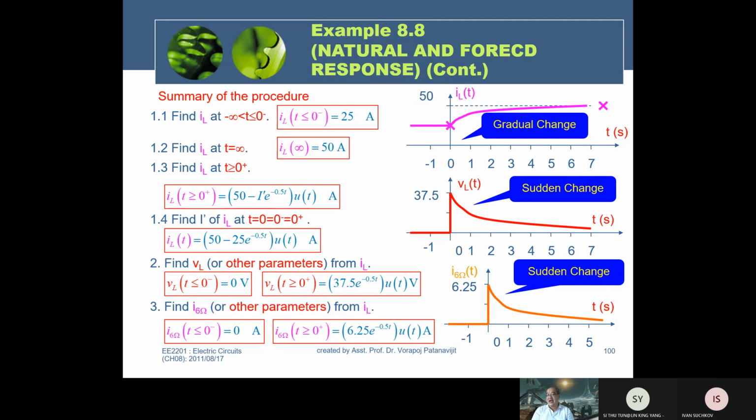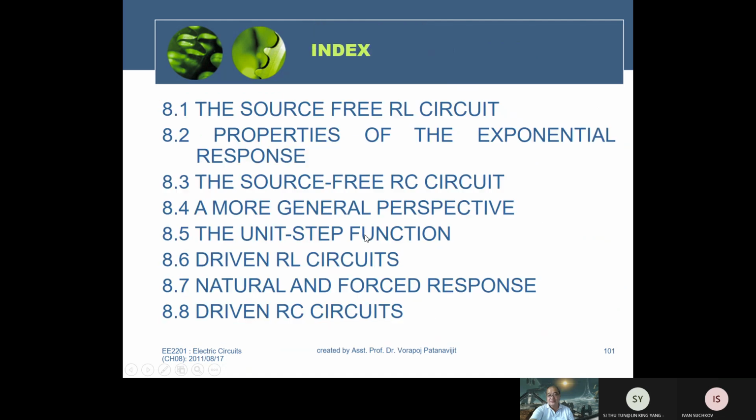Only IL changes gradually when the switch is activated, from 25 amp increasing to 50 amp. But the others, such as VL and I6 ohm, can change suddenly: jumping from 0 to 37.5 volt and then gradually dropping, or jumping from 0 amp to 6.25 amp and gradually dropping after that.